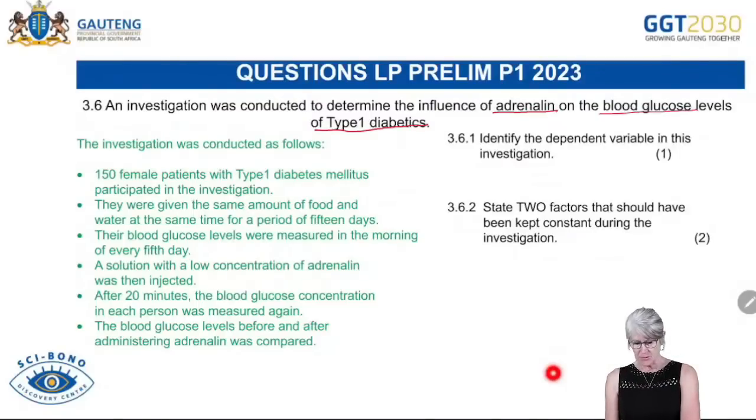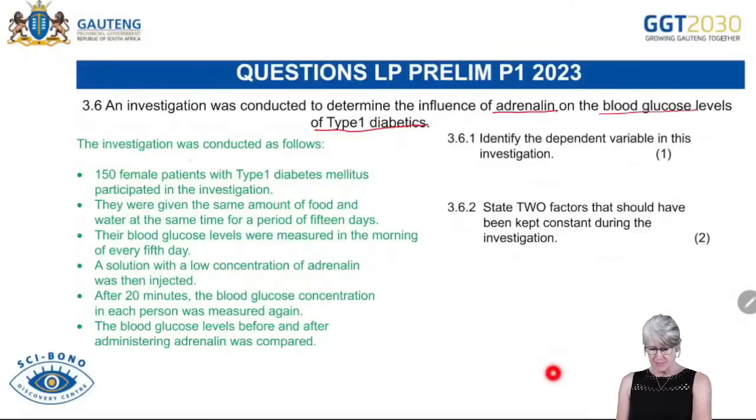Okay, so they want to know, what effect does adrenaline have? And remember, adrenaline is that hormone that allows us to react in extraordinary situations. And one effect of adrenaline on blood glucose is that it usually increases the blood glucose so that we have energy to get ourselves out of that extraordinary situation.